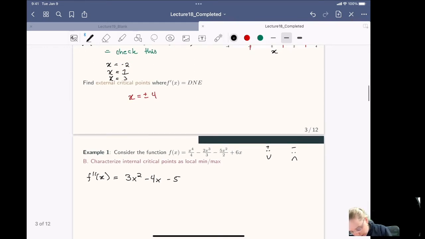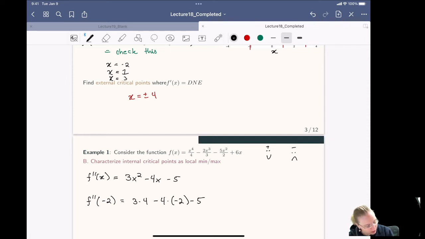Now we're going to plug in the second derivative at all of our 3 critical points. The first one that we want to evaluate is f double prime of minus 2. If we plug this in, we get 3 times 4. Notice that you square that negative sign. Minus 4 times negative 2 minus 5.